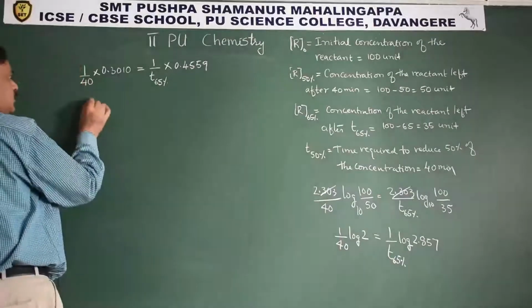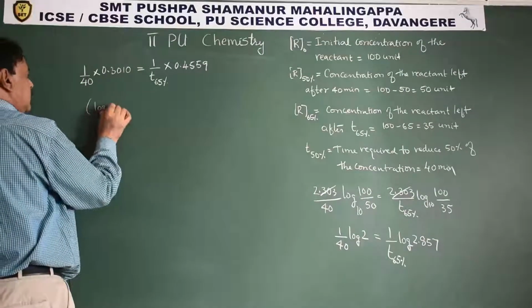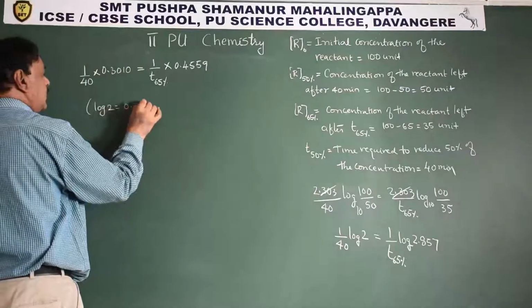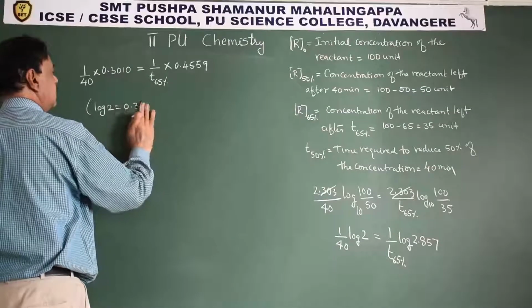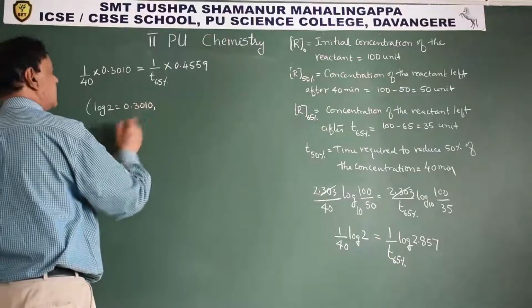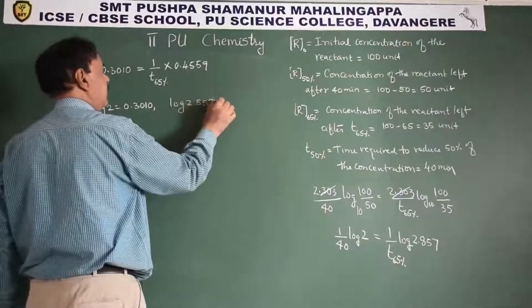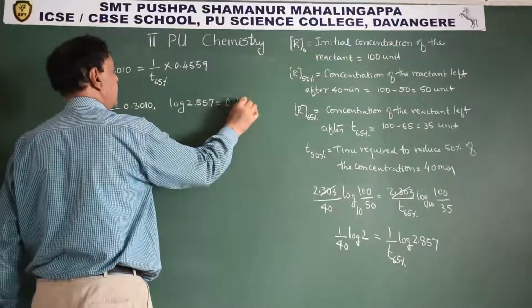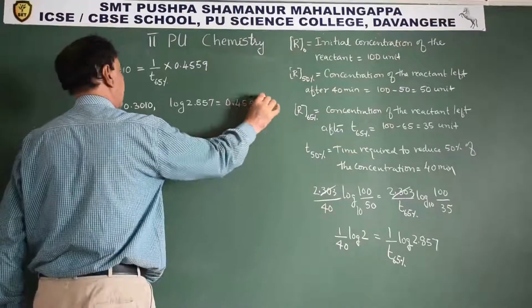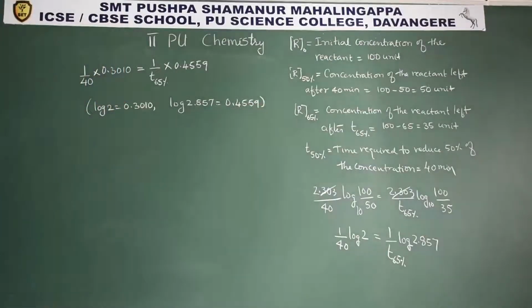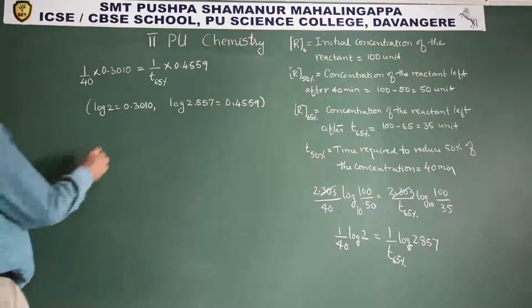Log 2 is equal to 0.3010. Log 2.857 is equal to 0.4559. Now substitute the values.